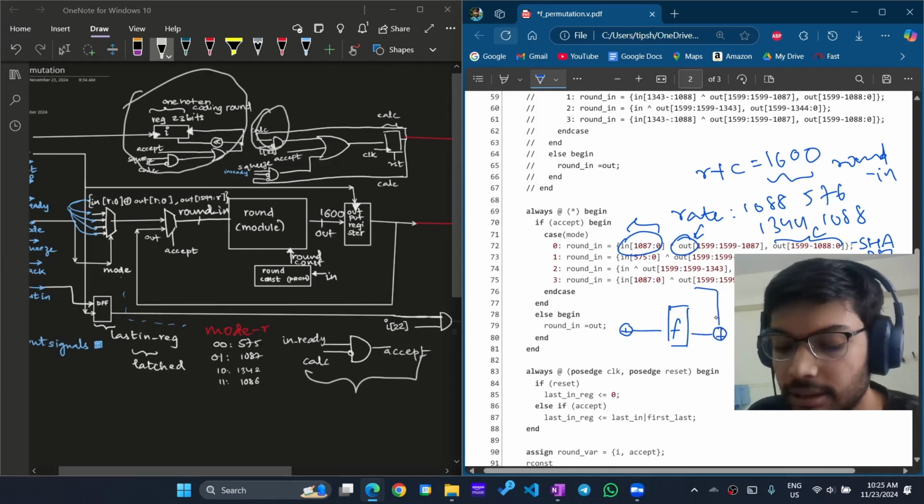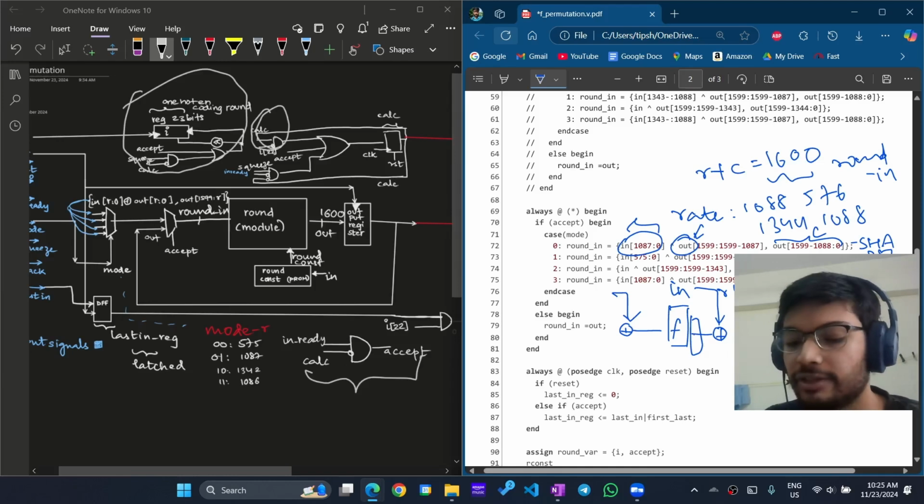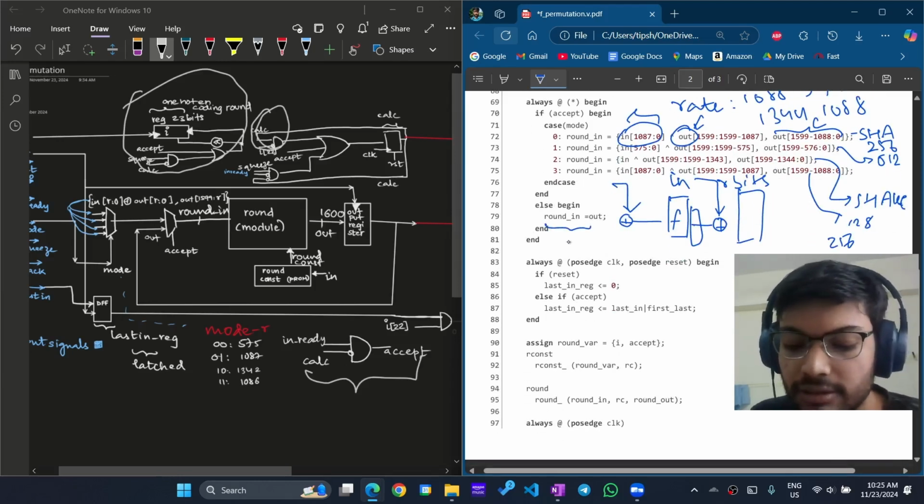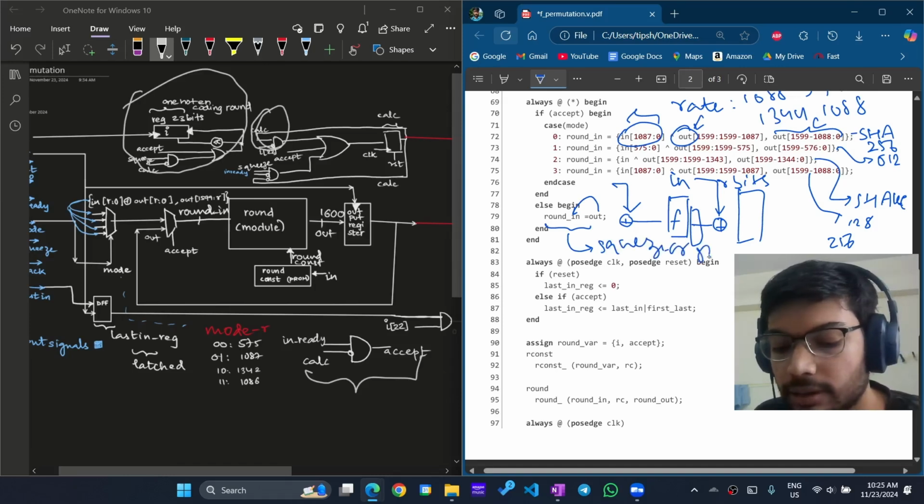The input comes in of R bits and the other bits are from the output of the previous round. When the 24 rounds haven't finished yet, the output is fed back into the round, or this can be used for squeezing also. Squeeze or round not done.